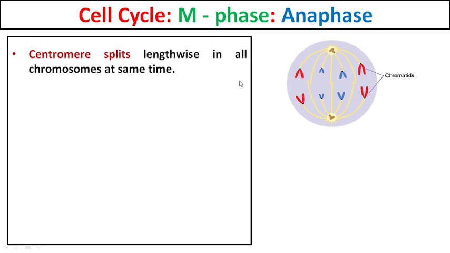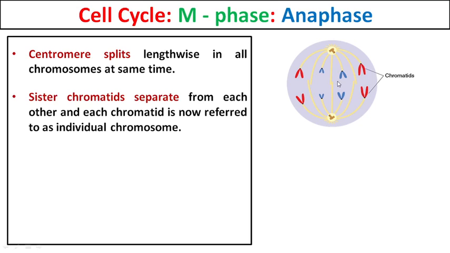All of these will be splitting lengthwise at the same time. The sister chromatids will now separate, and now each of these sister chromatids is a single chromosome. Clear? They used to be sister chromatids when they were attached. Now that they are separated, they are one full chromosome, so they can be called individual chromosomes.